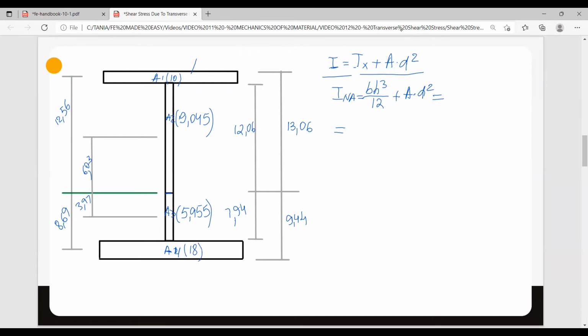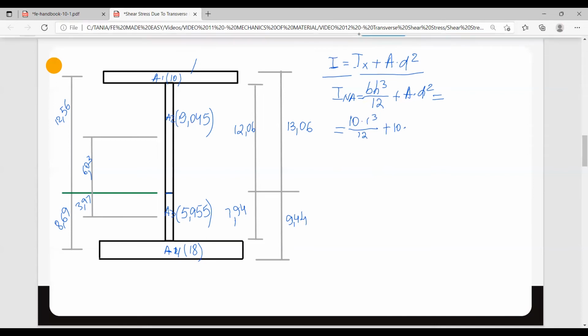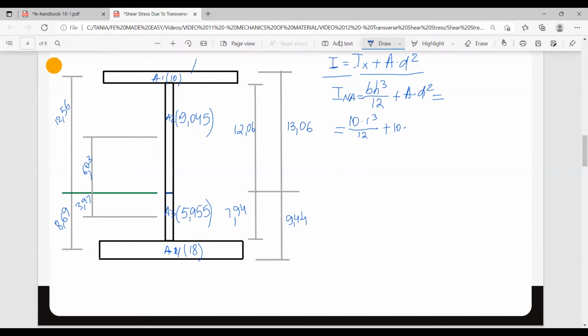So that being said, let's start. Area 1: 10 times 1 cubed over 12, plus the area, which is 10, times the distance from its centroid to the neutral axis, which we have right here, 12.56.